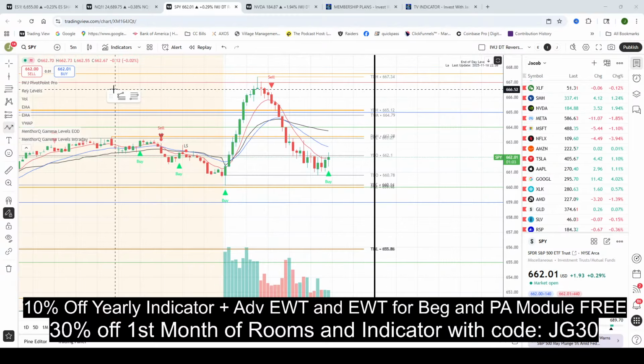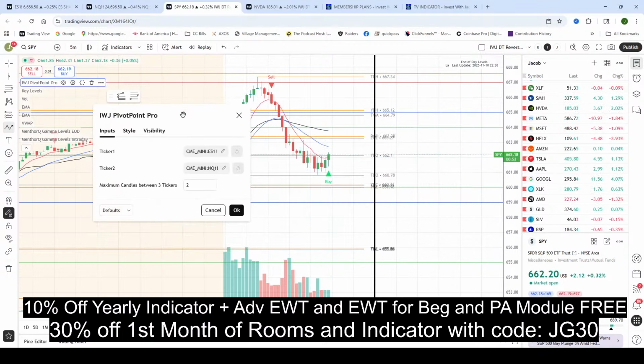You can do it. There's the settings right there. You want it on ES, NQ, and 2, and you want your pre-market and post-market trading on. Make sure you have that as well.